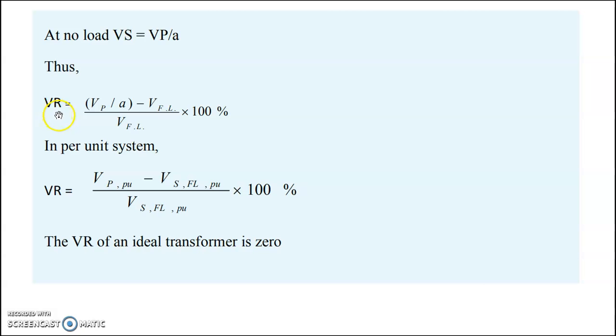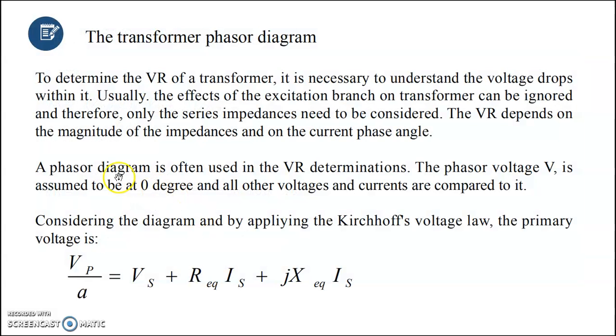Thus, voltage regulation equal to primary voltage over a minus full load voltage over full load voltage times 100%. In per unit system, voltage regulation equal to primary per unit voltage minus secondary full load per unit voltage over secondary full load per unit voltage times 100%. The voltage regulation of an ideal transformer is 0.